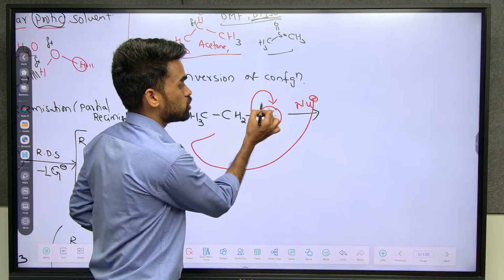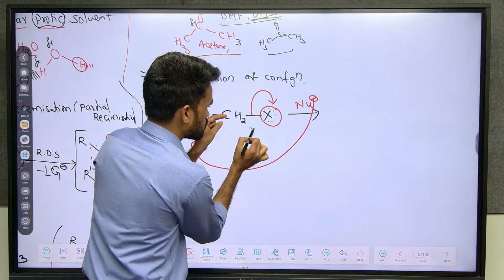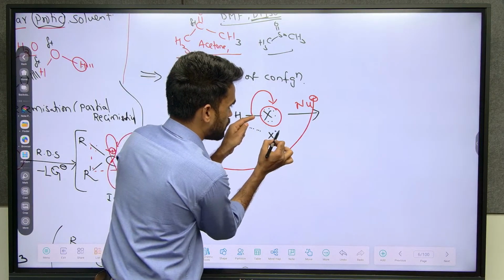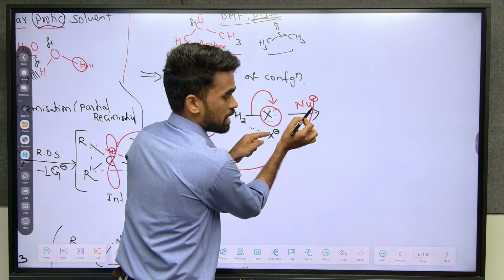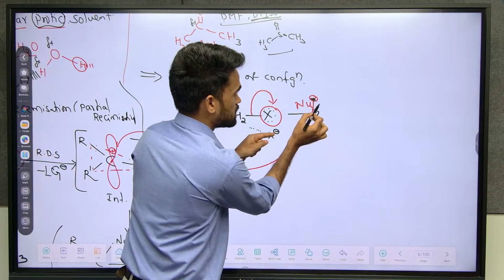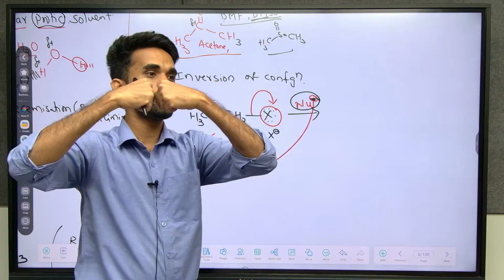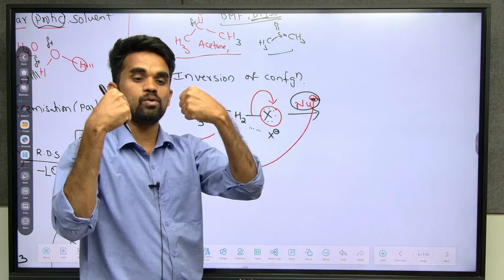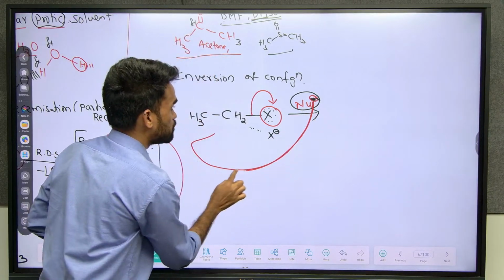So what is the charge you are seeing on the halogen? If it is coming out, just imagine slowly it is coming out. The bonded electrons are carried by the halogen, so negative charge is there. This incoming nucleophile also has what charge? It means this is also electron density, and this is also electron density. If they are coming like this, what happens? Repulsions. That's why, in order to avoid these repulsions, the nucleophile will enter from the back side.